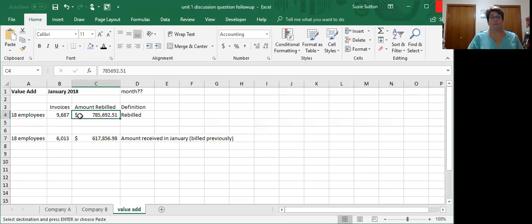They weren't paid the first time, might not be paid the second time because it's uncollectible, or they're only going to get partially paid. So one theory is this is not the true value add, what we get paid is the value add. But the other theory is, well, they're adding a value because this would never happen if these 18 people weren't working.